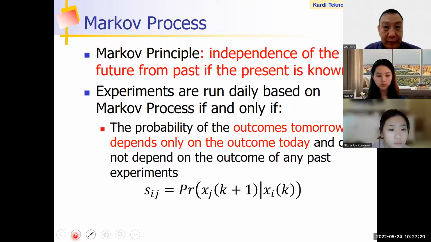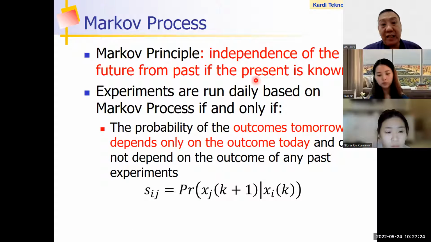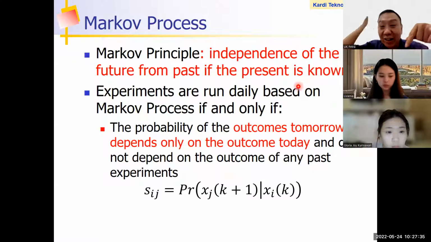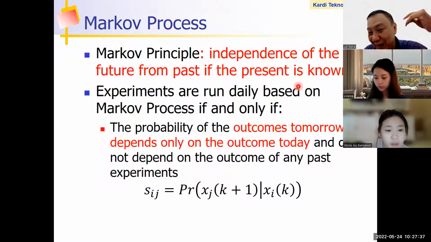So the Markov process, or Markov principle, says the future is independent of the past if the present is known. The future depends on today, not on the past. That's the easier way to interpret Markov.